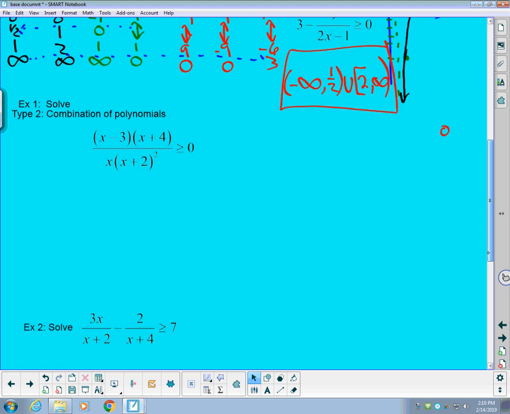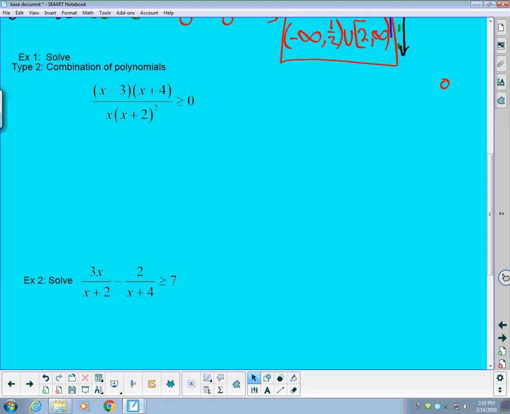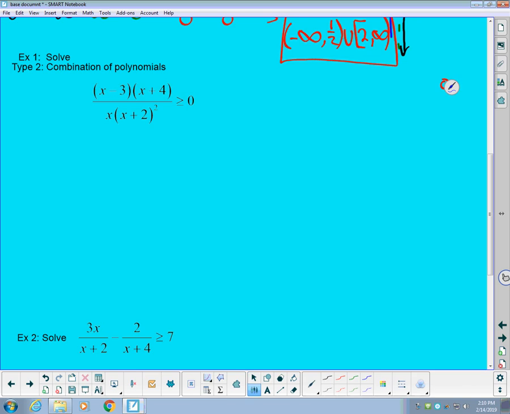Let's jump here to the next kind, which may be slightly more complicated. We'll take a look at these and move some of this other stuff down, give myself a little bit extra room. Okay. So our process on this one is going to be going straight to a graph. It's an inequality here. If it just said equals 0, I'd make the numerator 0, and I get 3 and 4, or 3 and -4 as answers.